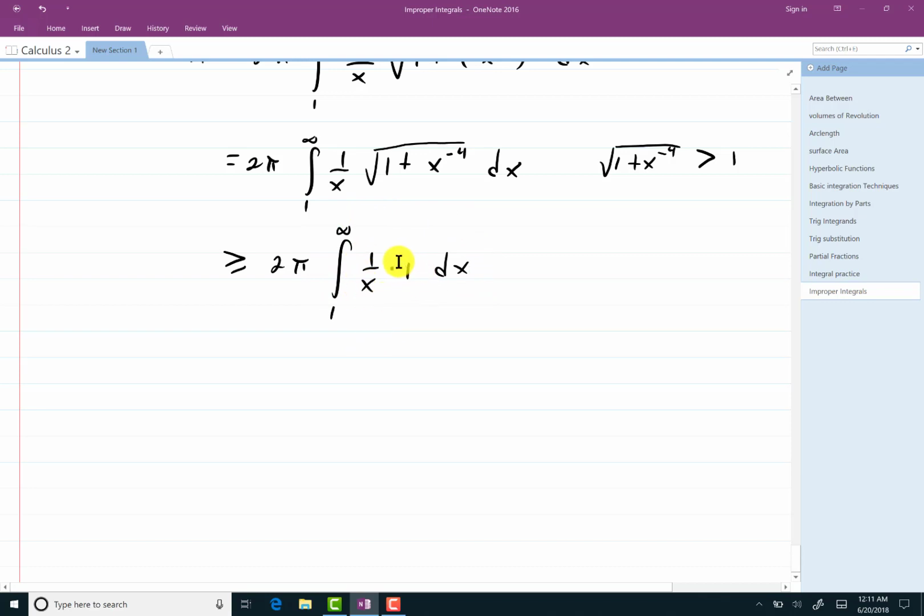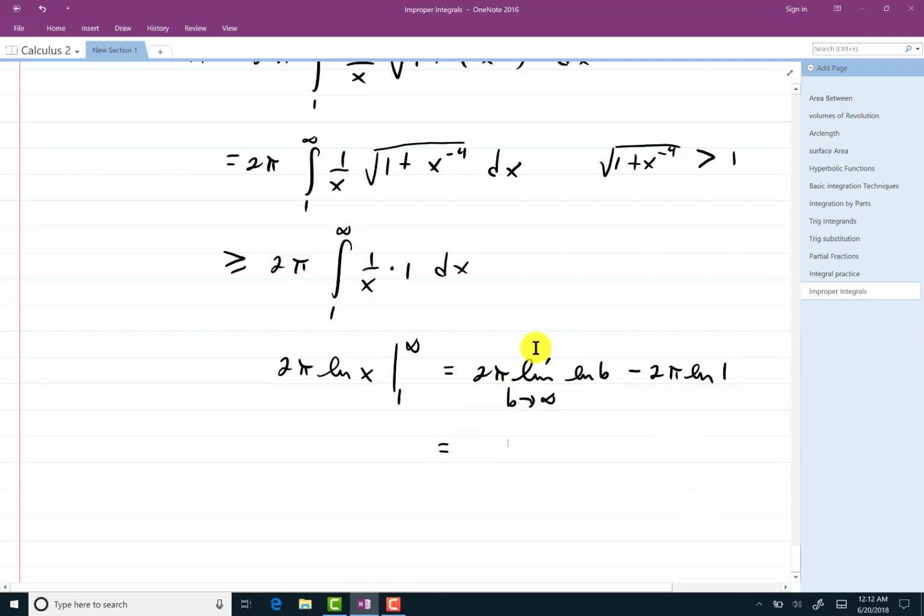Let me go ahead and integrate this. There is no need for the absolute values because I'm dealing with positive numbers. Now the ln of 1, of course, is equal to 0.